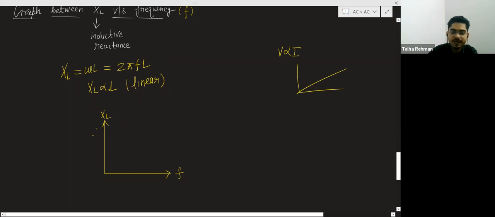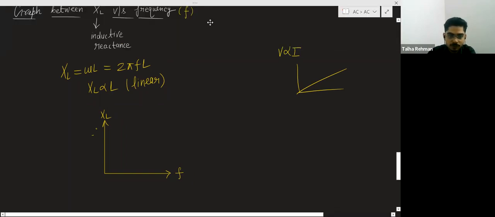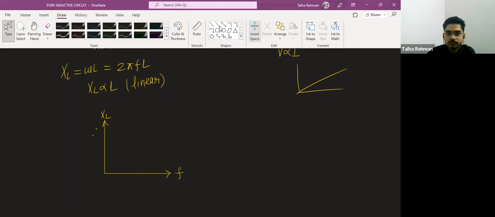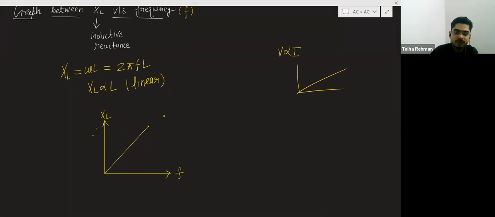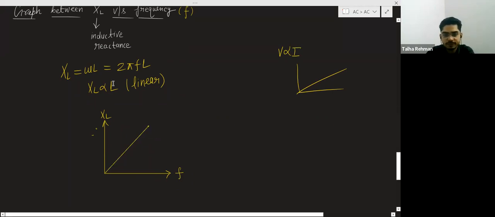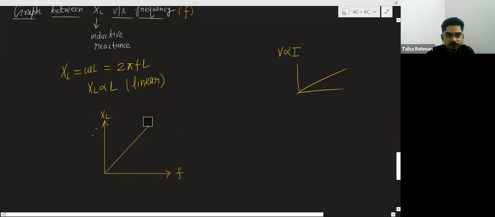So here also we will get a straight line graph between XL and f.